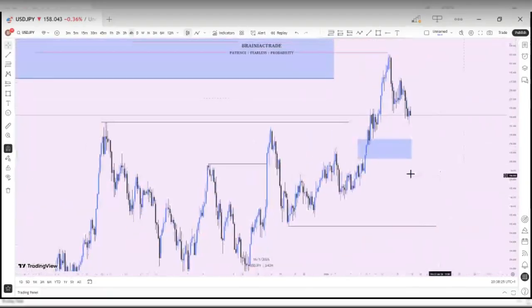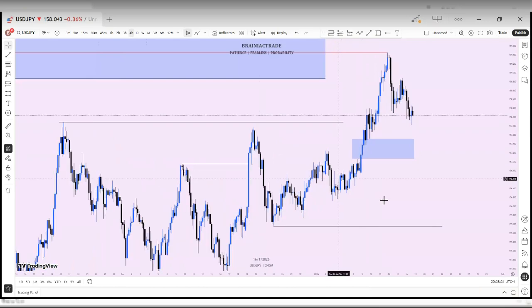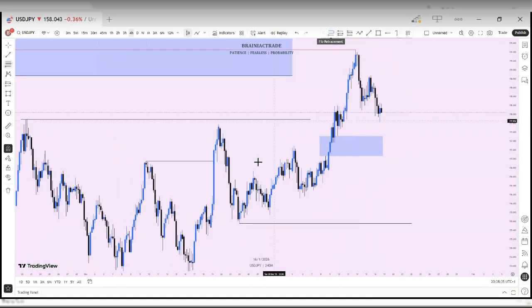So like I said, after this sweep of liquidity here, we have a fair value gap here. If you want to check your premium and discount, you take them from here, like this.